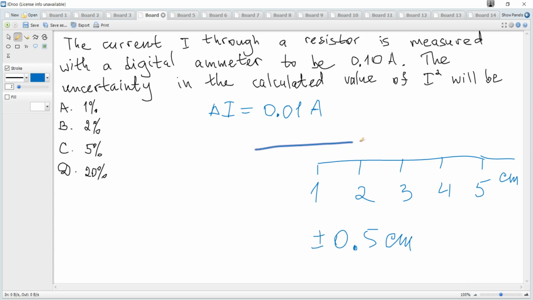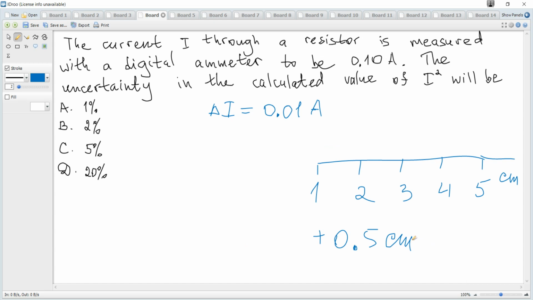And for example, such a reading must be 2/10, because absolute uncertainty and value must be to the same number of decimal places, or to the same digit of a whole number. So we round this value to 0.5 or to 3 or to 4. We can see that the closest value is 3.5, so it will be 3.5 plus minus 0.5.